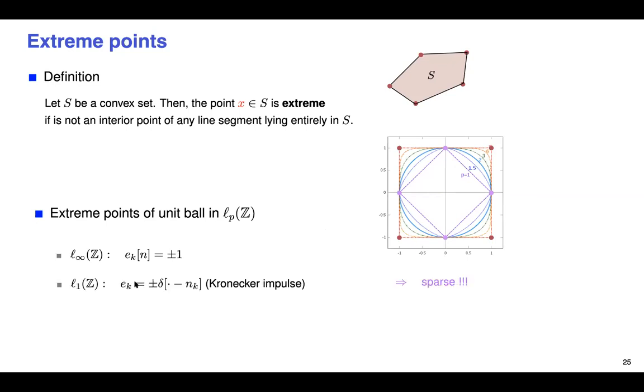The other interesting case is L1, where the extreme points actually are sparse guys. So they're like Kronecker guys. And now what about the others? Actually, I'm sorry for Vincent, for your theorem, but it's not interesting for all the other guys because every point is an extreme point.